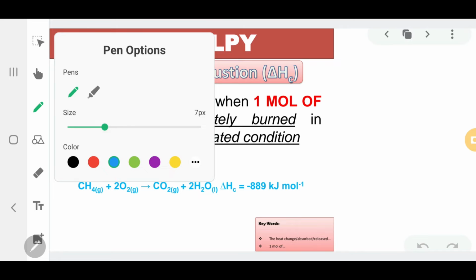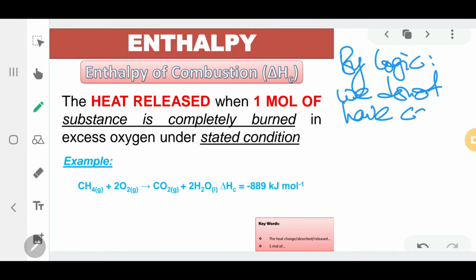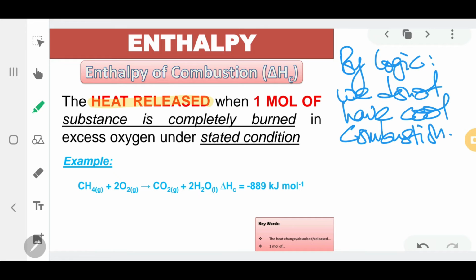By logic, we do not have cool combustion. If you think logically, do we ever have something that is burning that will feel cold or cool? No. So that's why we emphasize the heat release. For combustion, it's always going to be a release of heat.